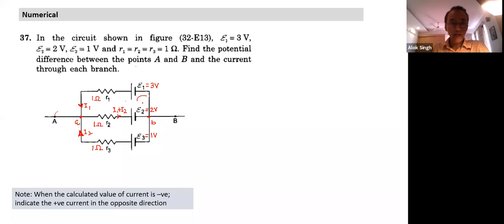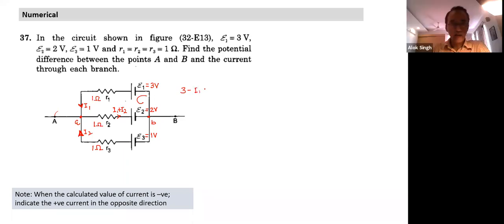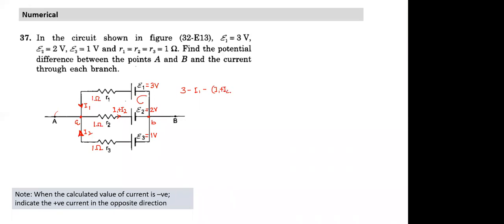If I start from here, I write the equation: 3, 1 amp, and minus 1, minus I1, minus (I1 plus I2), minus 2.